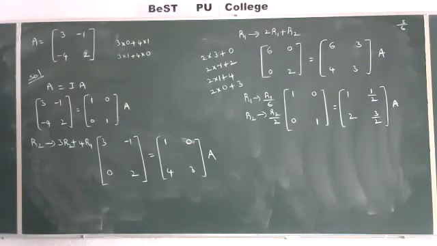Here, 2 into 1 is 2 plus 4, 6. Okay. 2 into 0 plus 3, yes, 3. 4, 3.